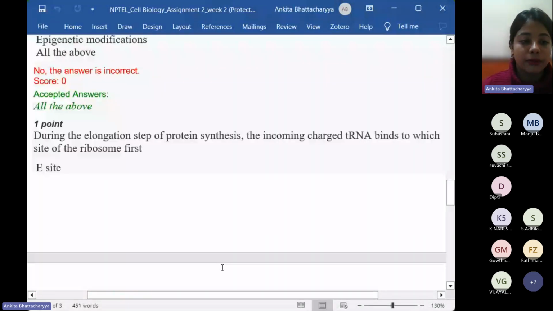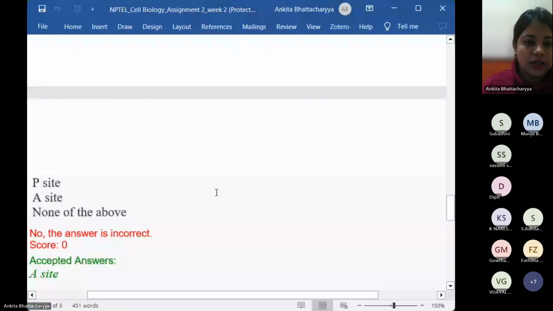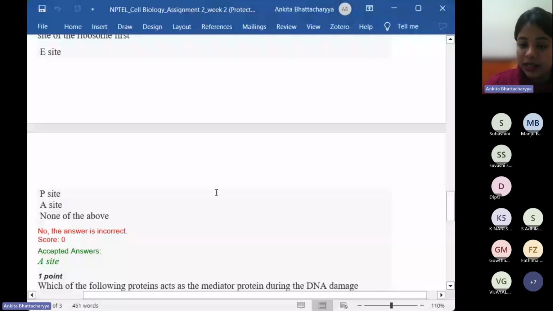the ribosome? If you remember the ribosomal structure, then it has three regions or three sites known as the E, P, A sites, that is exit, P is for peptidyl transferase activity, and A is the acceptor site.